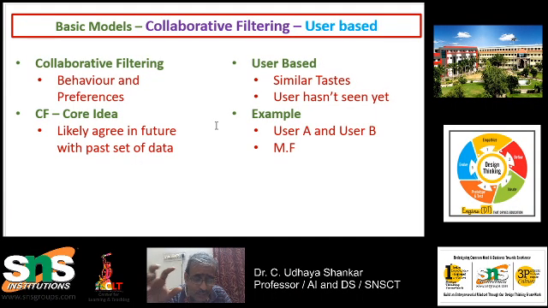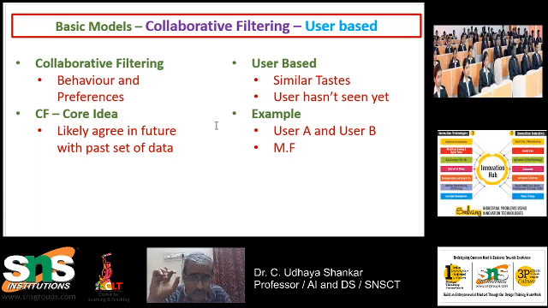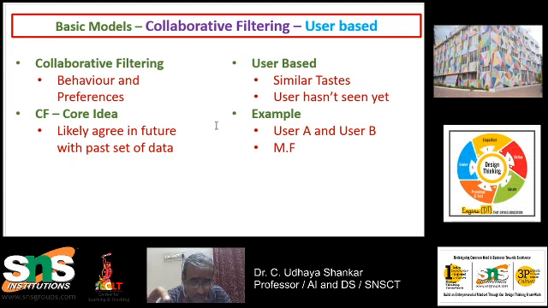That is a matrix which has been formed because of the user and item interaction, called the user item interaction matrix. Matrix factorization will always decompose the user item interaction matrix into two lower dimensional matrices which represent the latent factors for users and items.